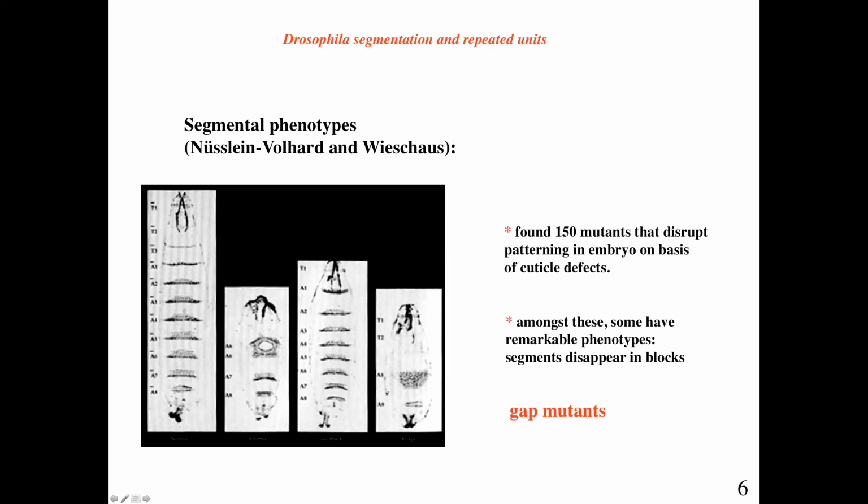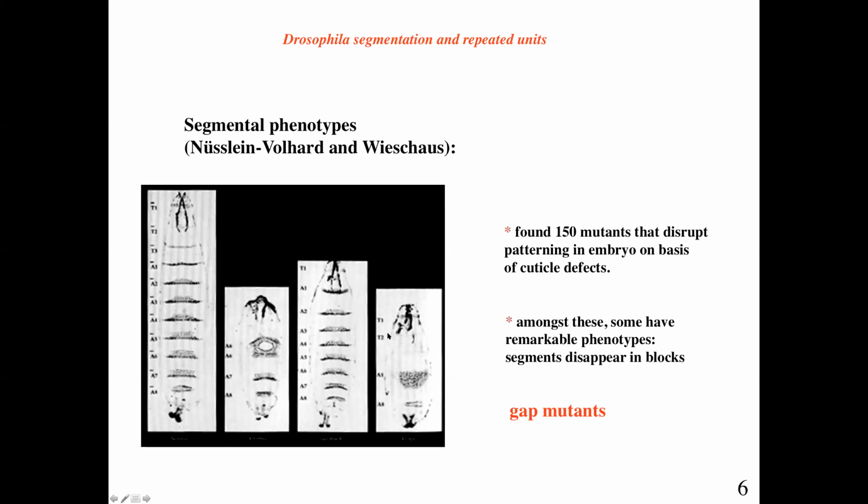And here, T1 is there, but T2, T3 is gone. Although it looks fine, if you see this region, it doesn't look the same as the control. So all this is gone in this particular animal.